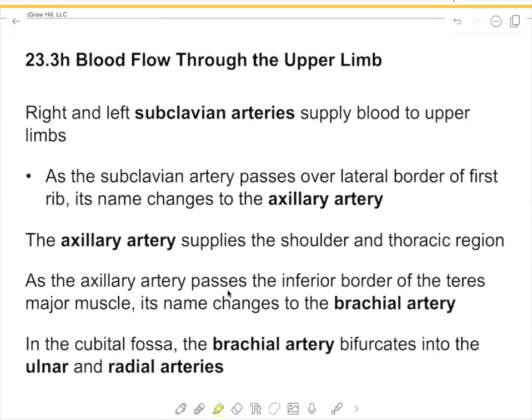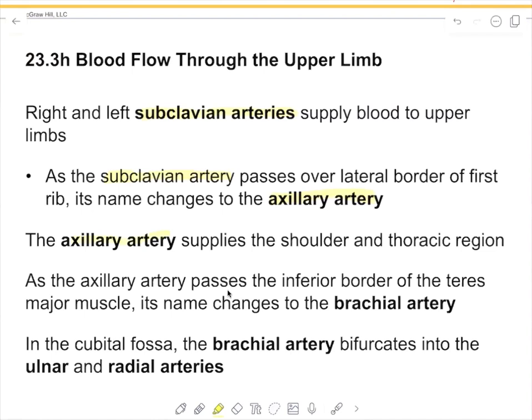Blood that's going through the upper limbs is going to first begin at the subclavian arteries. Remember, these branch off of the brachiocephalic trunk, and that subclavian artery is going to pass to the armpit area, the axilla, to become the axillary artery.